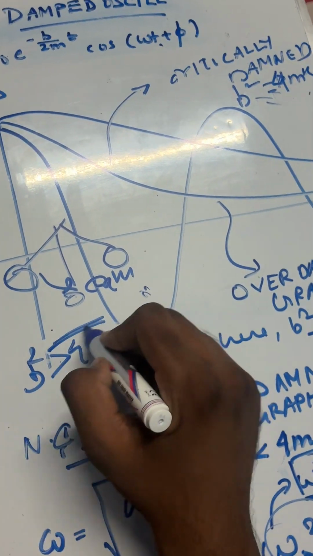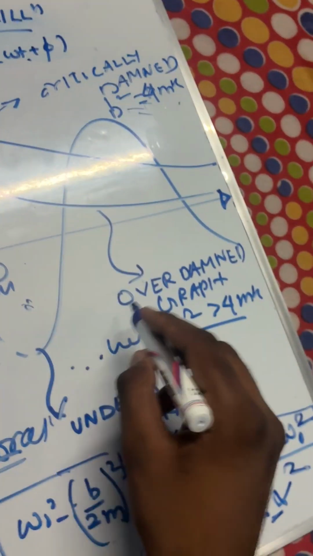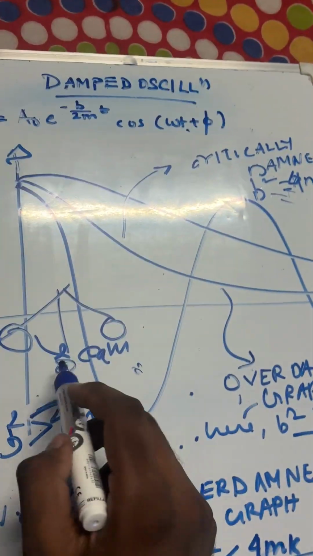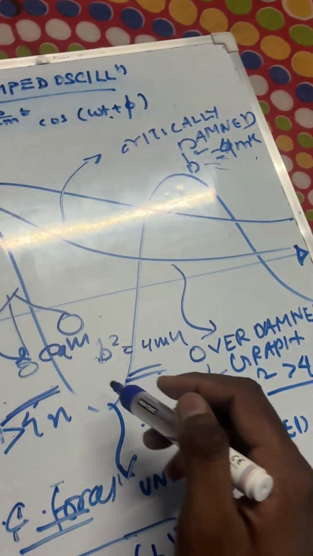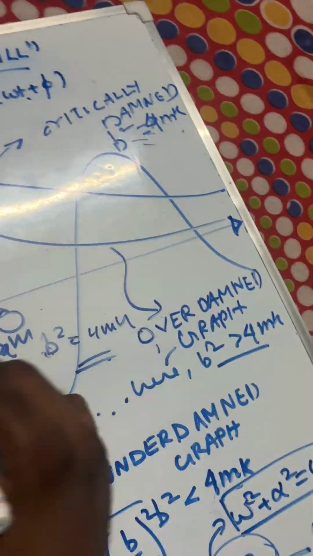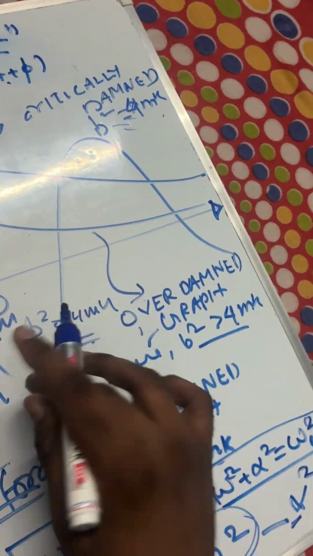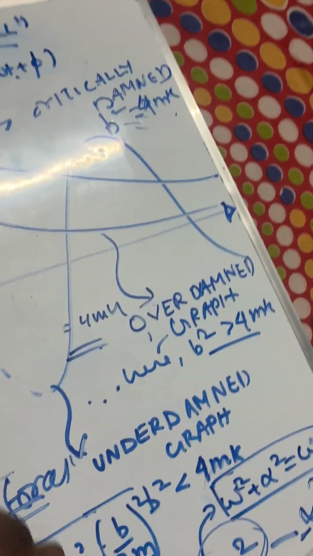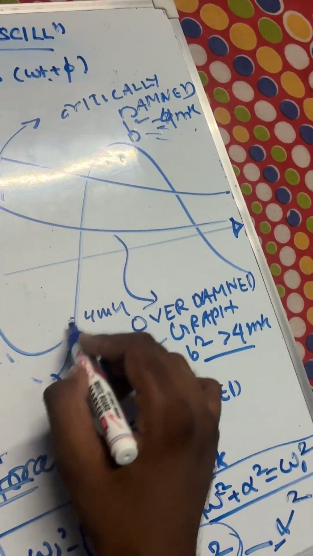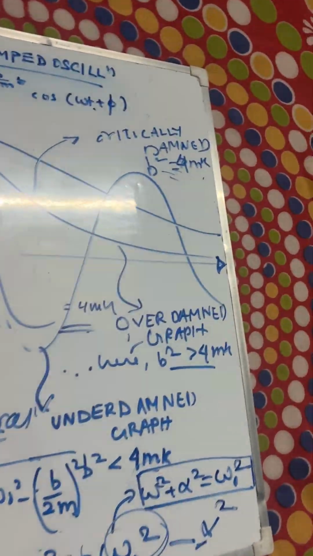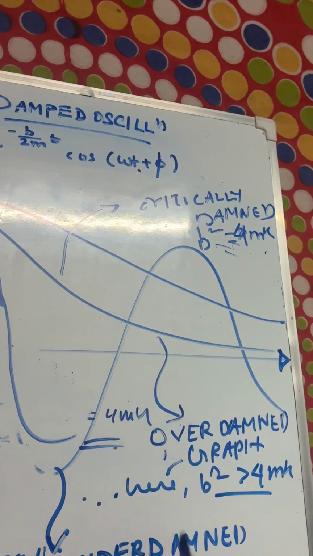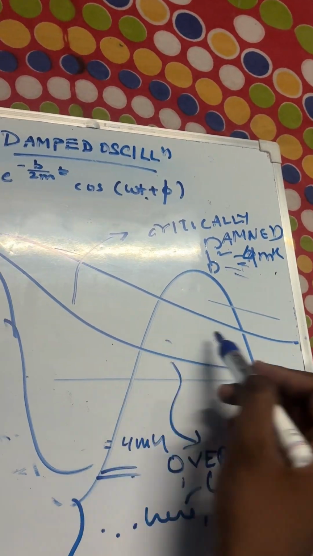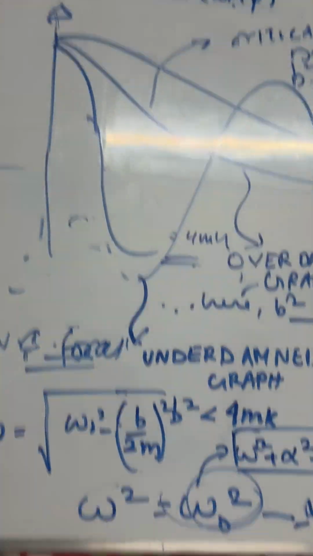It is overdamped. And if b squared equals 4mk, it will lose the oscillation in a short period of time, and in the case of underdamped it will oscillate, as you can see in the graph. Here it takes a large amount of time, here a short amount of time to reach the equilibrium position.